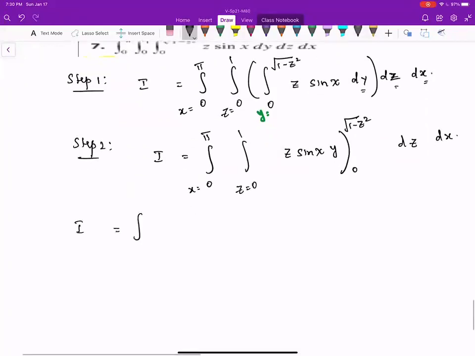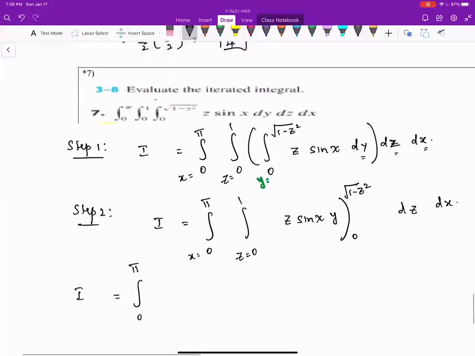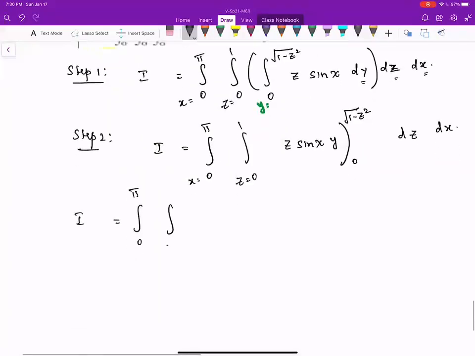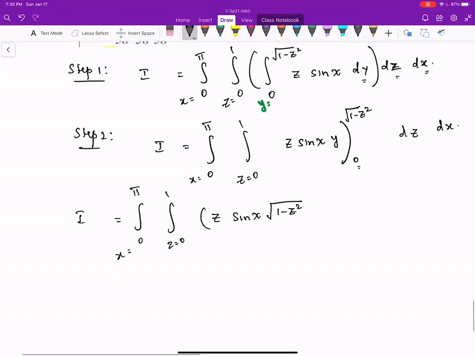So I is the integral from 0 to pi, the integral from 0 to 1. Then if you plug in the limits, z sin x times the square root of 1 minus z squared for y, then you plug in the lower limit for y, which becomes 0. And this is integrated with respect to z and then with respect to x.